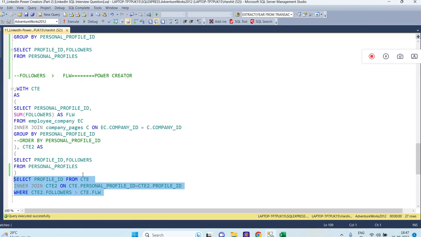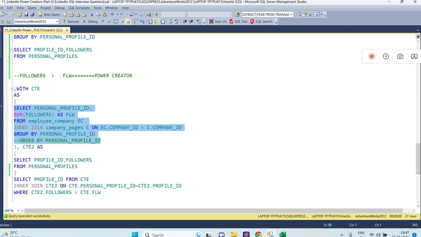Okay. So here, what is our requirement? We need to find the individual follower, and then we need to find the follower of the companies that individual person is working for, right? For that purpose, we have divided the entire query into multiple CTEs. So this will become our first CTE.